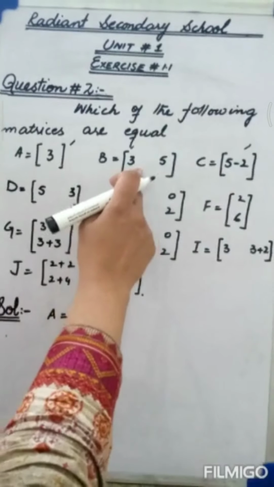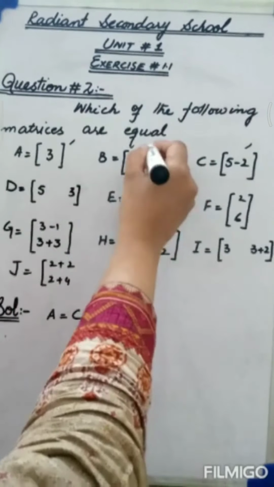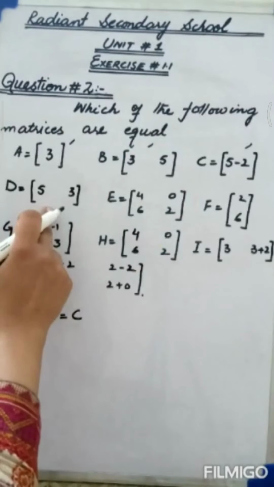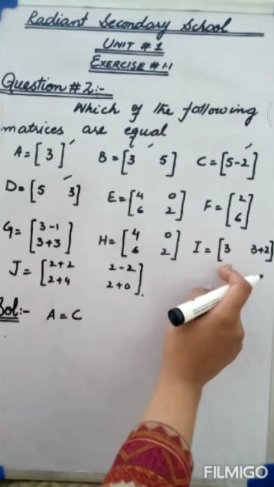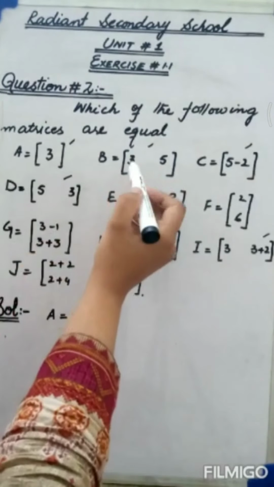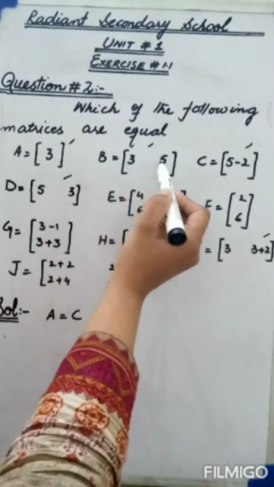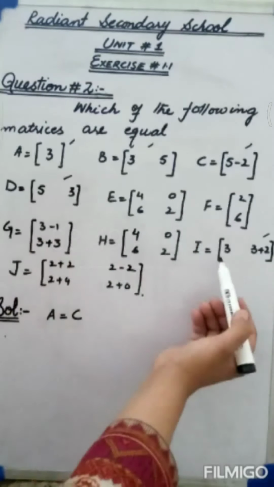Now we will check for the matrix B. It has order 1 by 2. This matrix is also having order 1 by 2, and this I is also having order 1 by 2. But now we have to select the matrix which has the same corresponding entries. Now you can see the first entry is 3 and the second one is 5, but in D it is not the same.